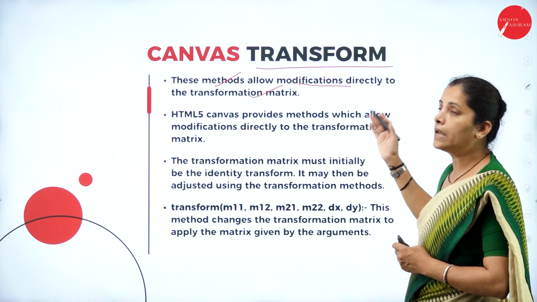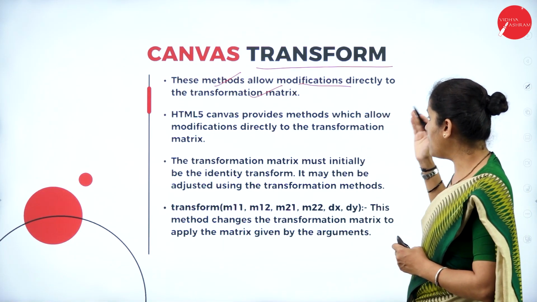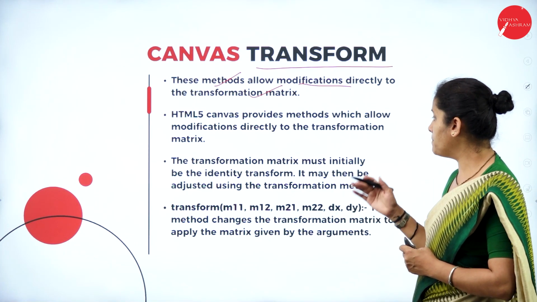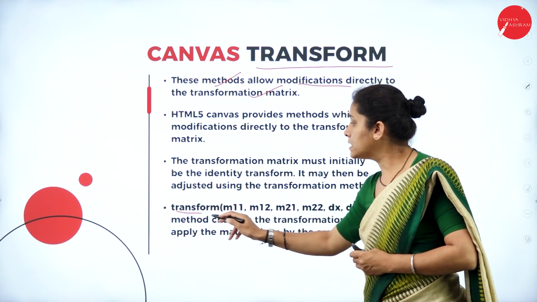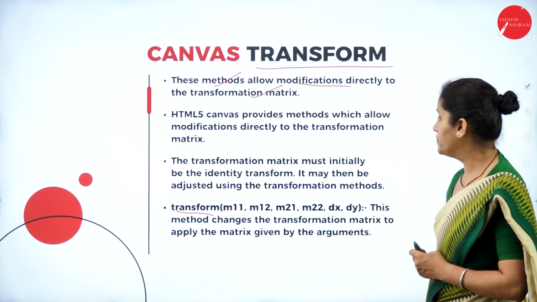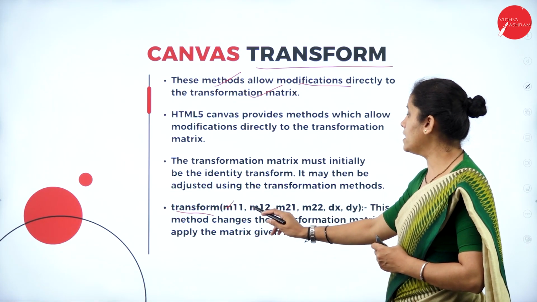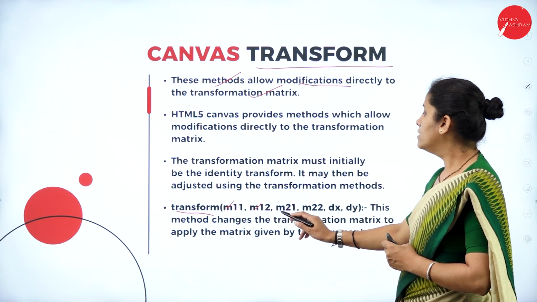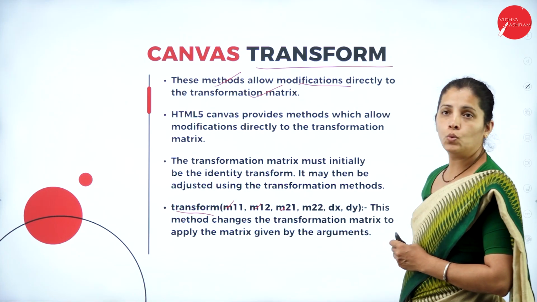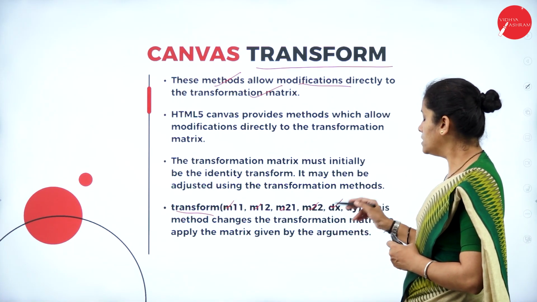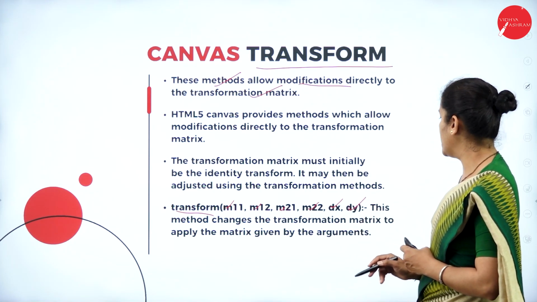In my canvas, I have a method called transform. It takes the parameters m11, m12, m21, m22, dx and dy.